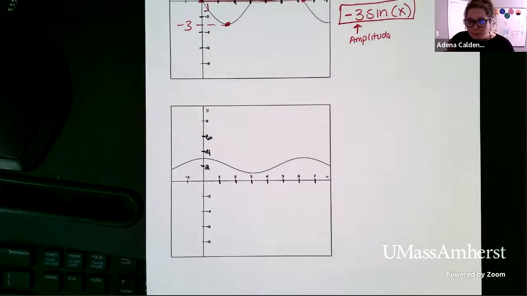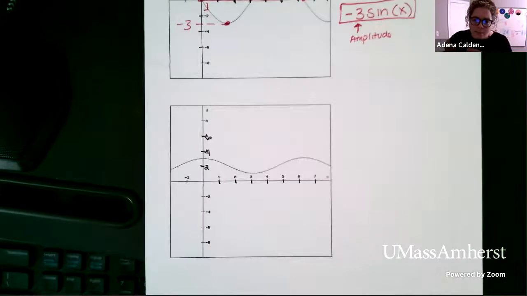And again, know that the first couple times you try this, it's not super intuitive, but it does get easy the more you practice these.